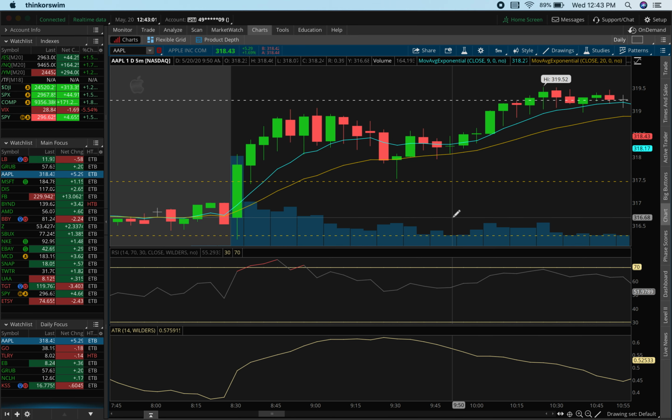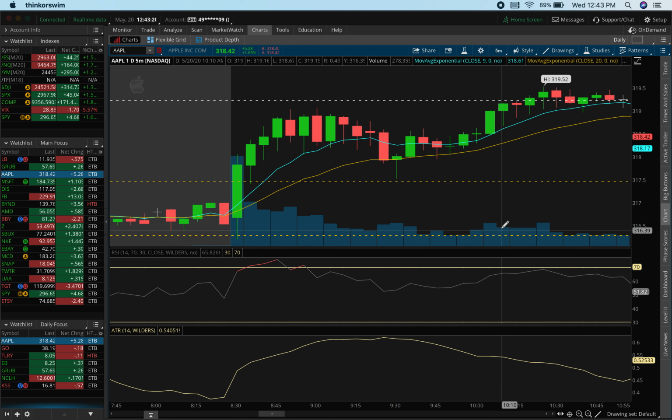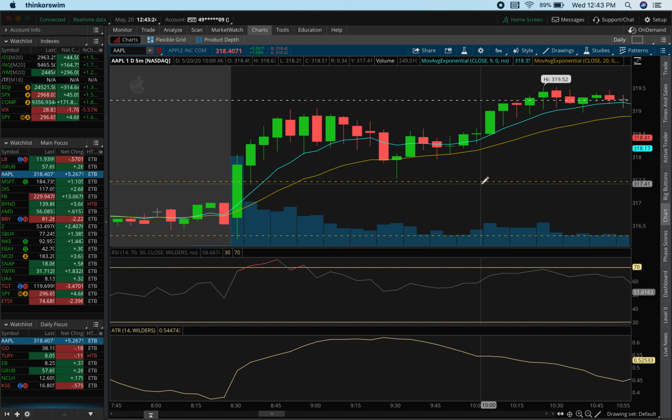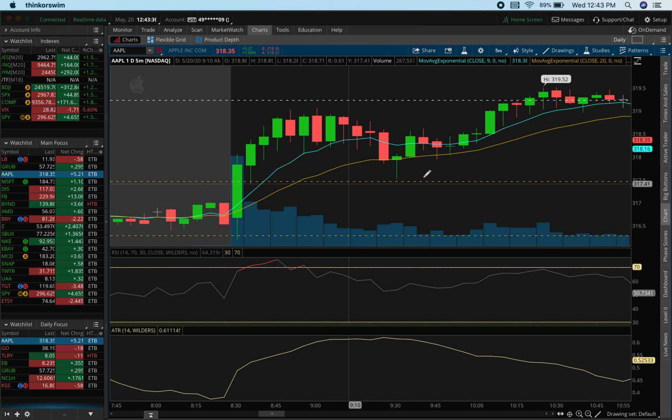If you have a hard time identifying where to place a stop, just put the ATR studies on, and it's going to automatically calculate how a stock moves within your 5-minute, 1-minute, hourly, 4-hourly chart. That way you'll have a better idea of where to place a stop loss, instead of finding your support and then putting it, say for example, about here, and then you're going to get stopped out by market makers because they do see that.